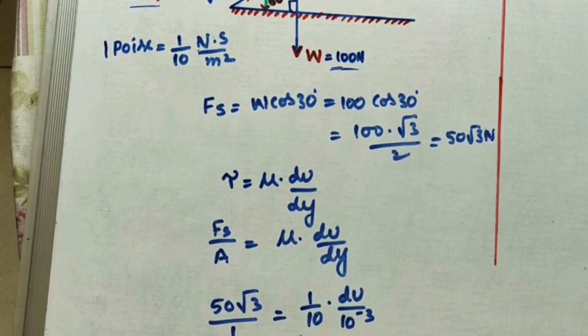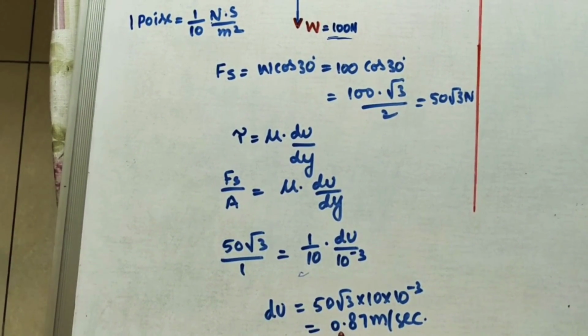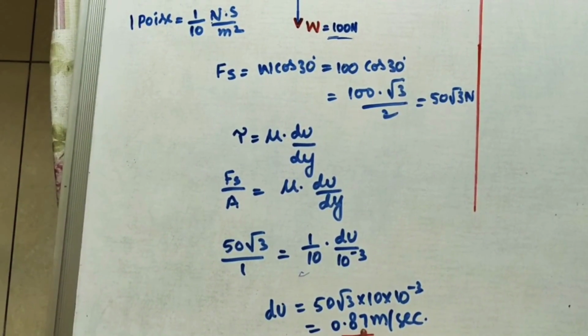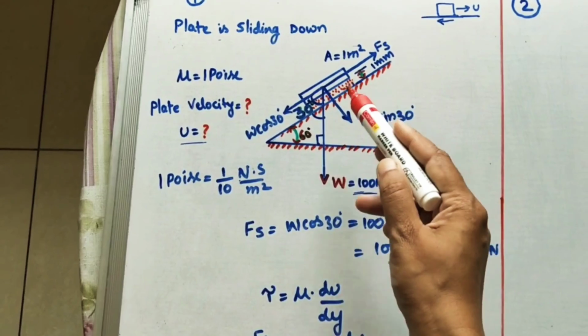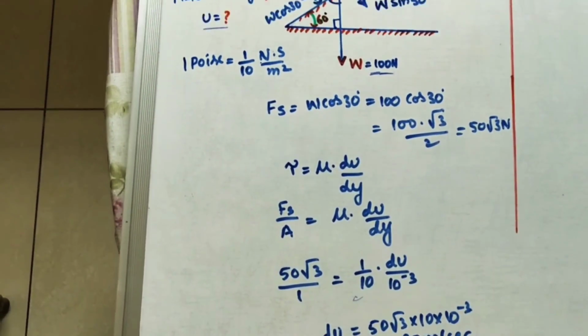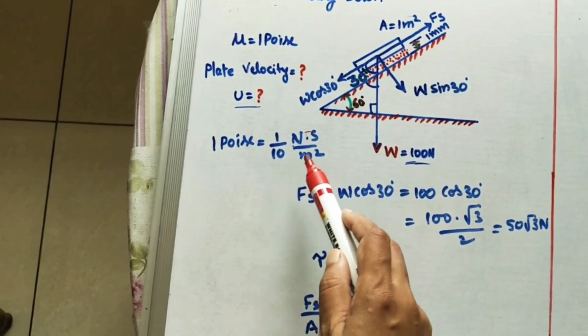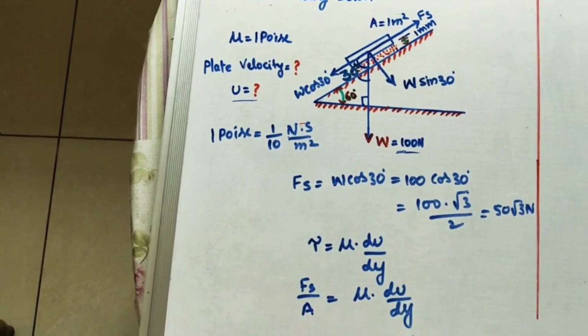Do it with a calculator. We got the velocity as 0.87 meter per second. With this velocity, this plate is moving in the downward direction. Here it is important to always take the value as Newton second per meter square, because we are taking forces in newtons.